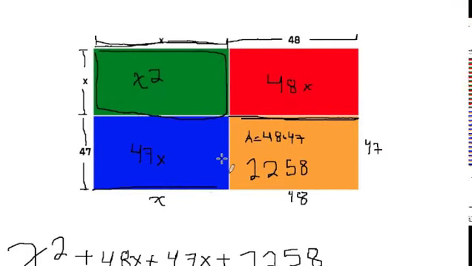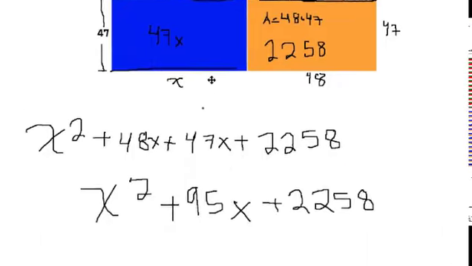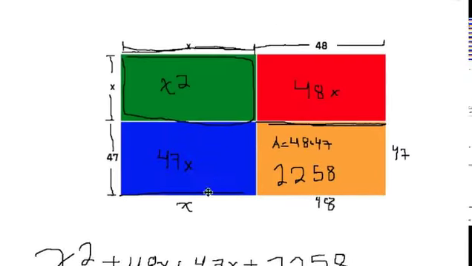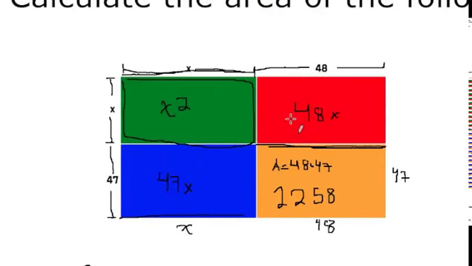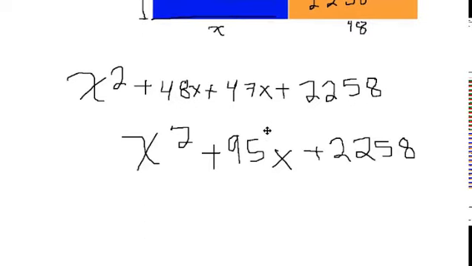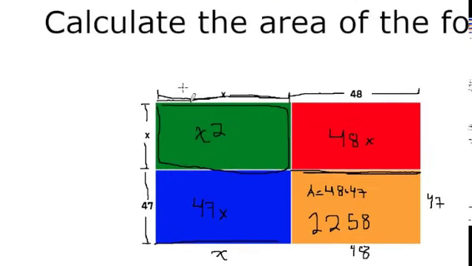But I'm going to give you another procedure, a faster one than what I just did. We're going to use our knowledge of binomials and what happens when they get multiplied, and you're going to see that the result is the same. The length of this side is x from here to here, and then 48 from here to here.